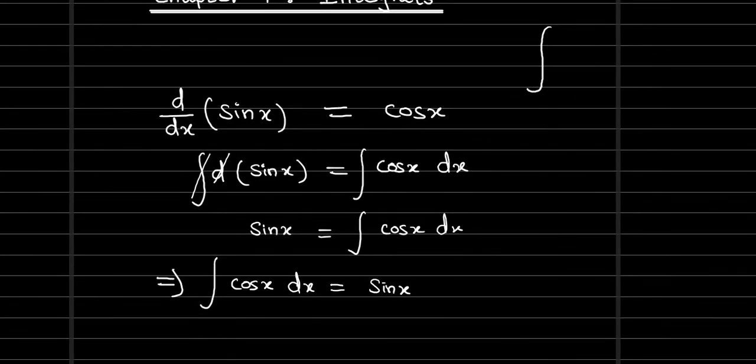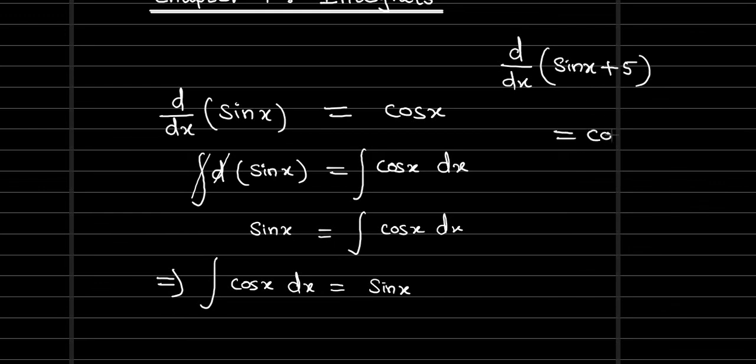Here one more small thing we will understand. Sin x differentiation is cos x, right? Now one more function I am going to write, the same sin x function, sin x plus 5. Now we are going to differentiate this function.